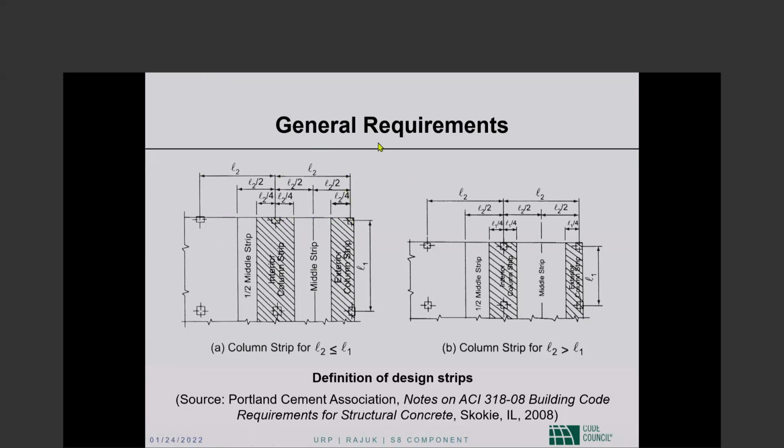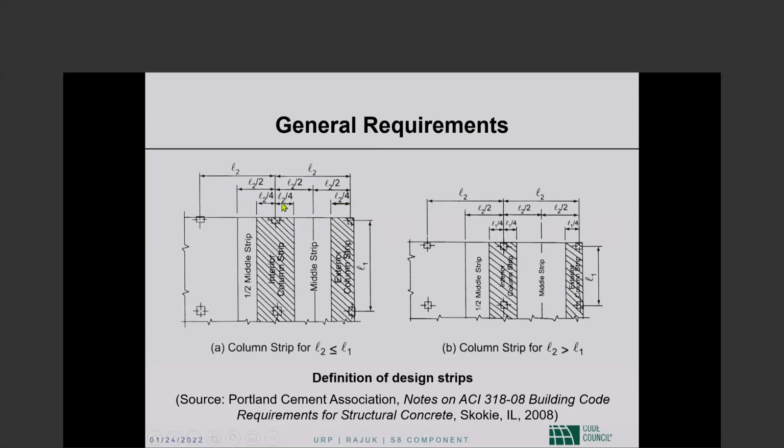Now, here, the two spans are equal. This is L sub 2, that is L sub 2. So this is also L sub 2 over 4 for a column strip width of L sub 2 over 2. Okay? And whatever is left over is the middle strip. Here, the half column strip is L sub 2 over 4.